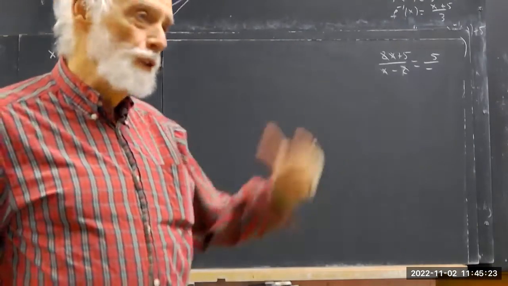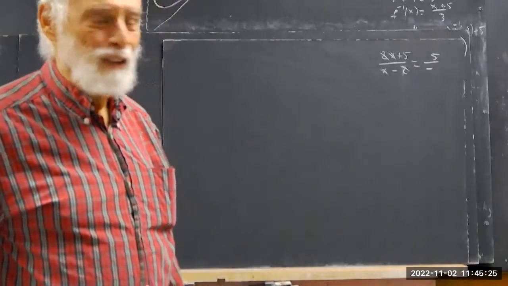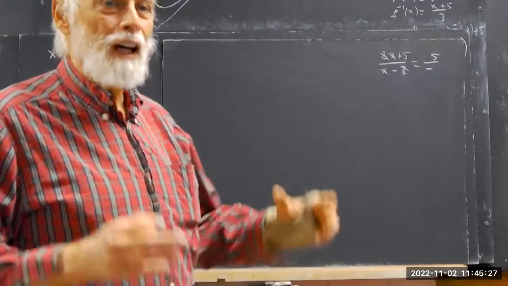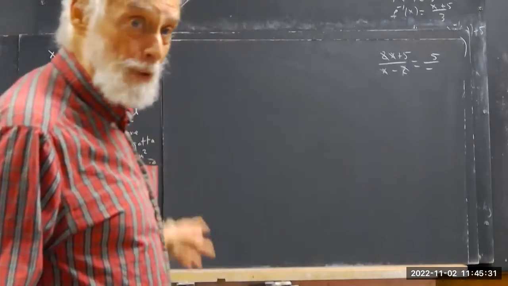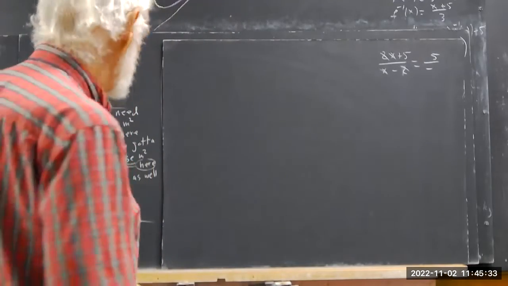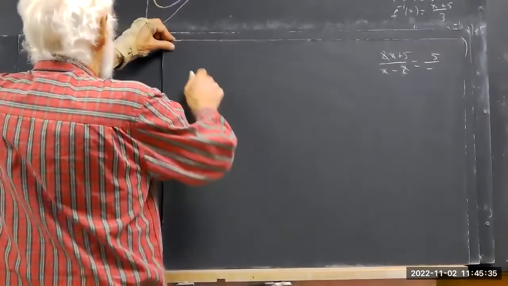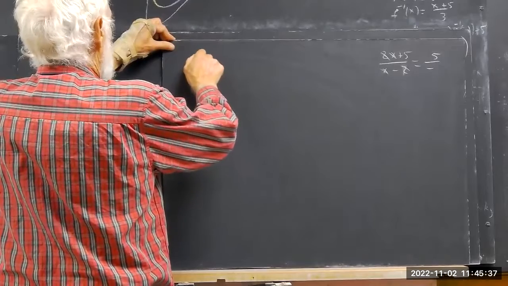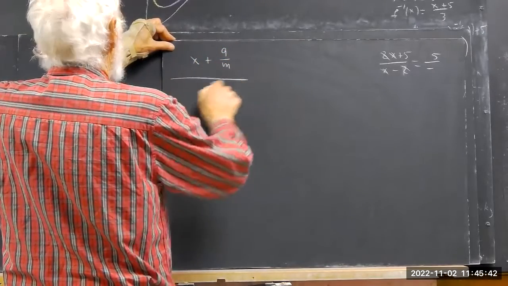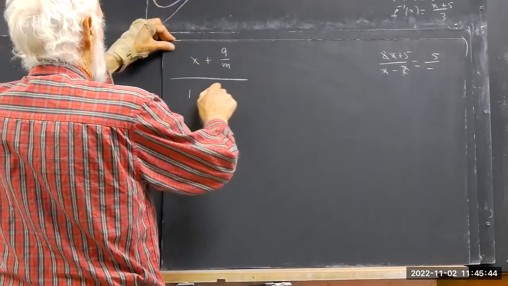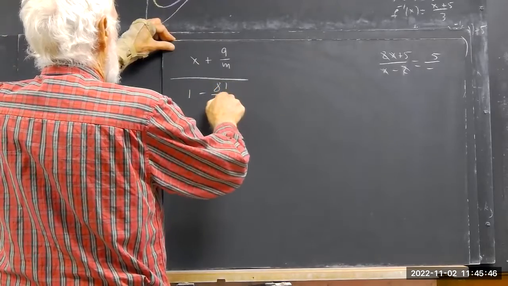Cancellation is not just crossing out what you don't want. No, cancellation is crossing out factors. So I'm going to explain it in terms of this problem. Let's start again with x plus 9 over m divided by 1 minus 81 over m squared.